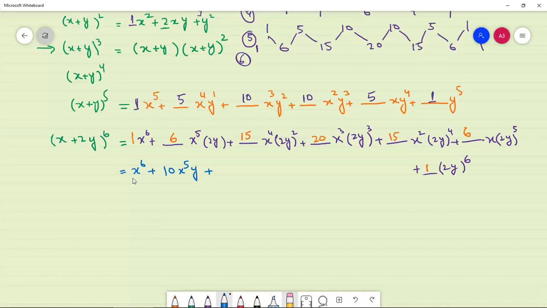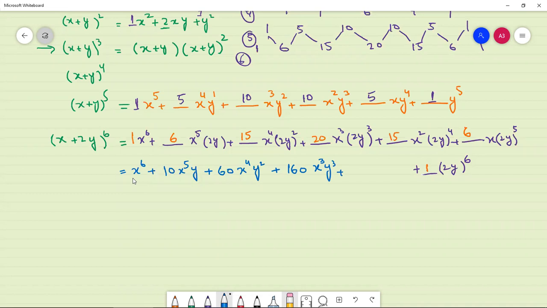2y square would become 4y square, and 4 into 15, 60, x power 4 y square, plus this would become 20x cube, and 2y cubed is 8. When you take cube of 2, this 8 into 20 would become 160, x cube y cube plus 15 into 2 power 4, which is 16.